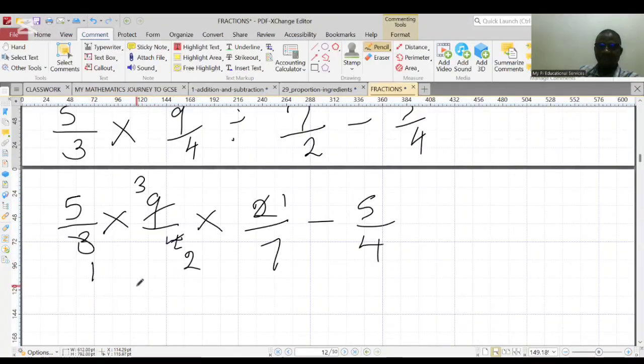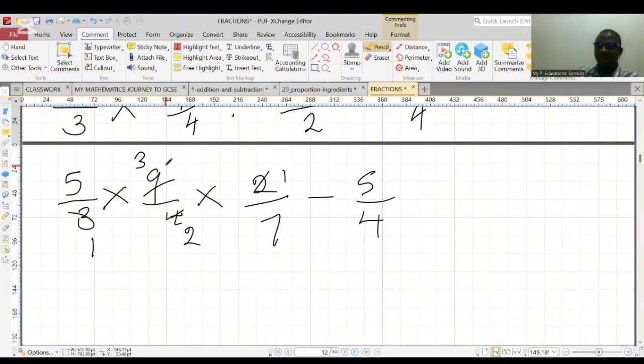So I guess nothing again. So we have 5 times 3, that will give you 15 out of 2 times 7, that will give you 14. So we have 15 out of 14 minus 5 out of 4.